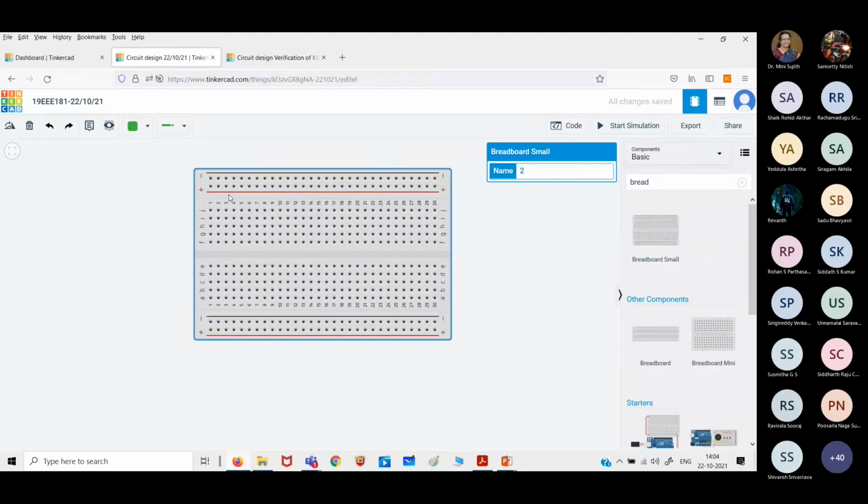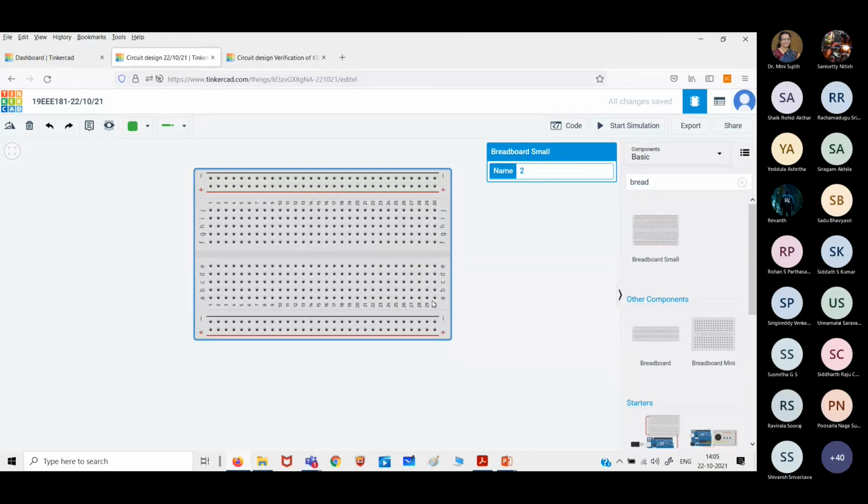So after this horizontal connection, if you come to the larger portion of the breadboard, these are the larger portions which we use for connecting the components. Here you can see, this is called the divider. If you place your cursor at any of the points, it shows vertical short. Here, if you place it, it shows vertical short.